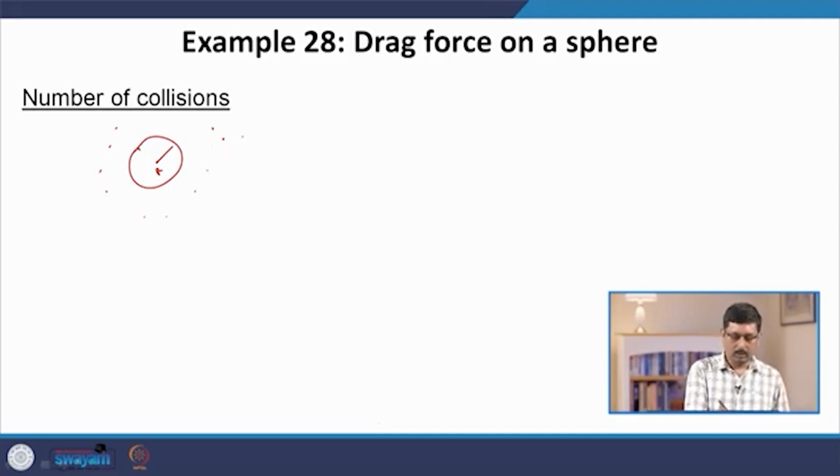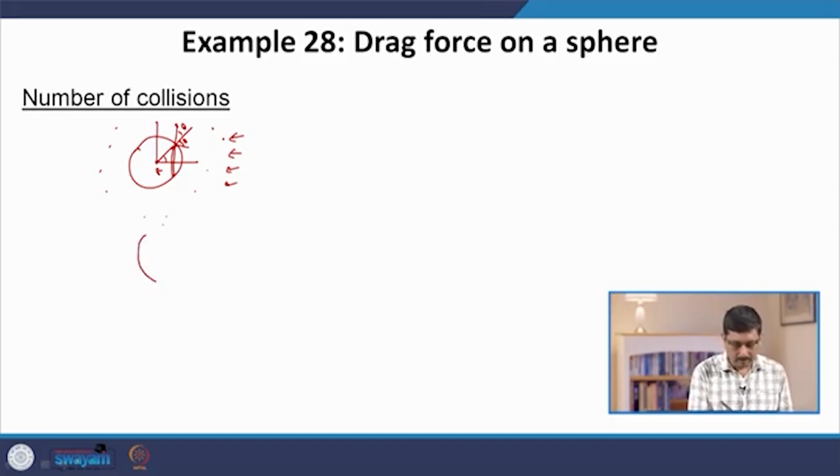So, what is the net number of particles that are approaching? So, let us say at this angle theta, what is the surface? So, you need to calculate this surface area.